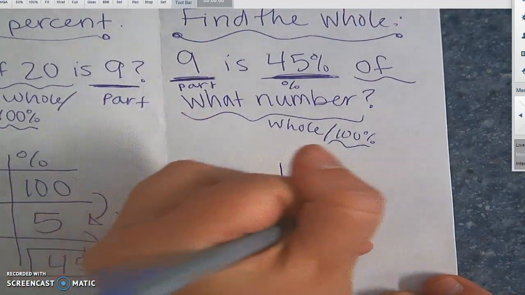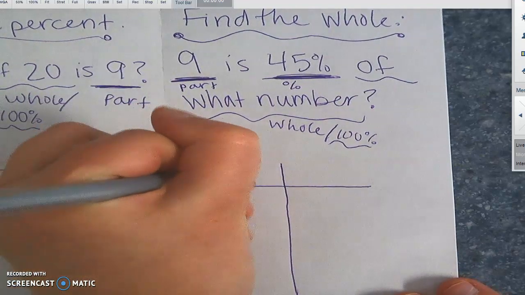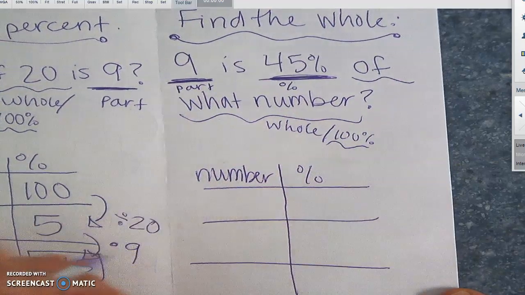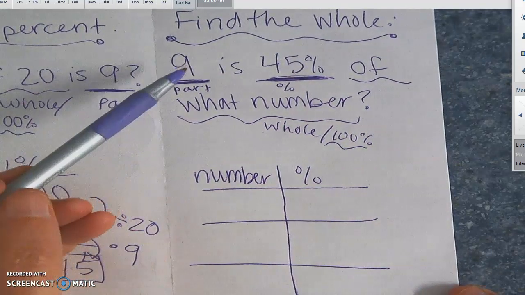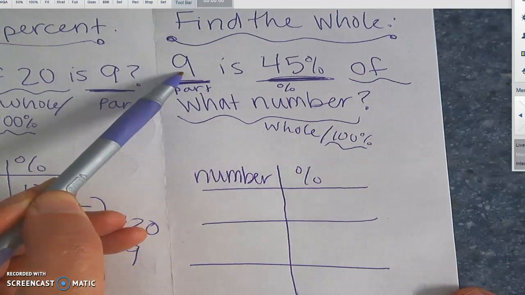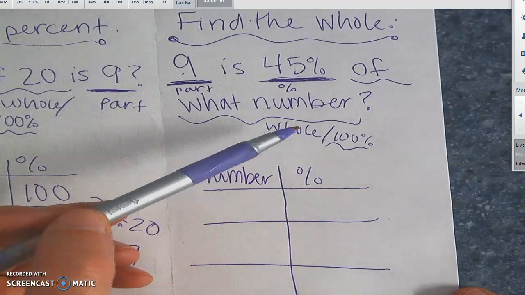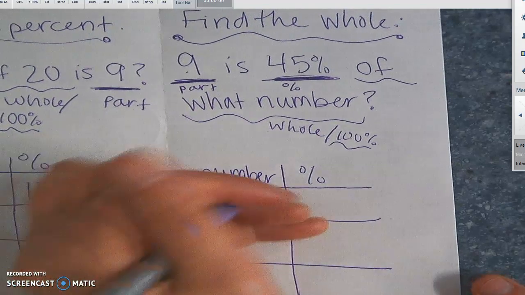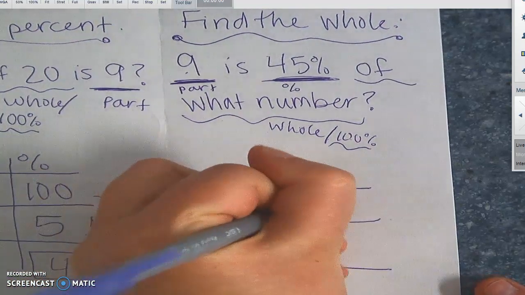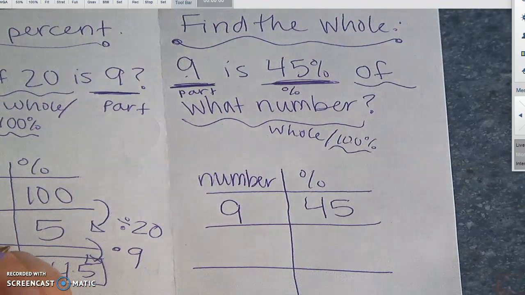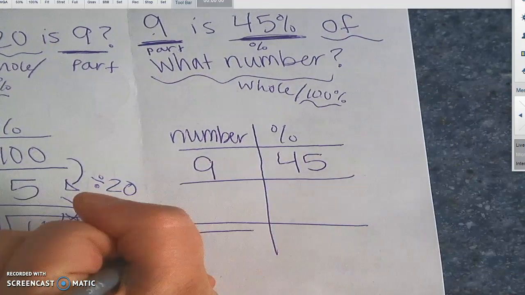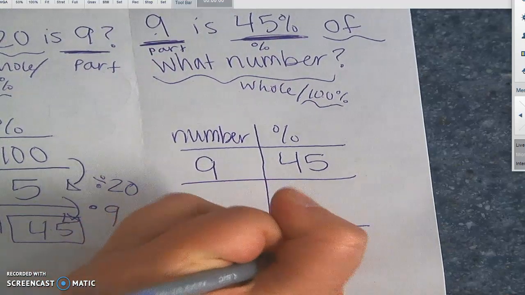So I'm going to make my table. I have a number and a percent. This time I know that 9 goes with 45%. I don't know what number goes with 100%. So I'm going to start by filling in my 9 and my 45%. I don't know the number, but I know that whatever this mystery number is will be out of 100%.